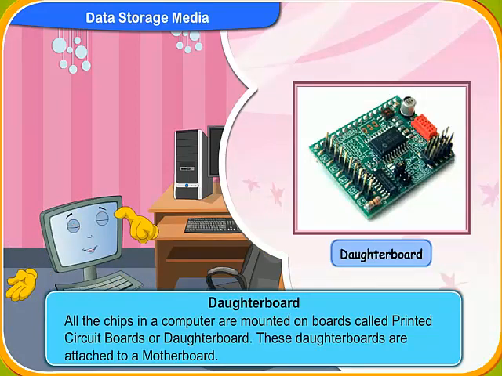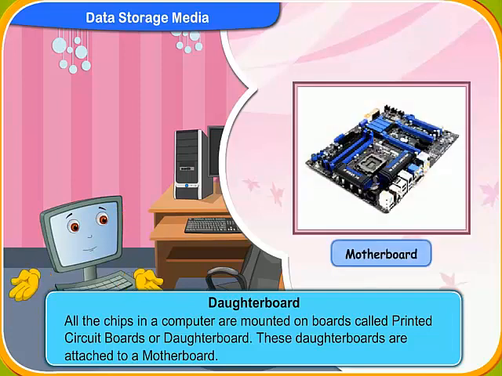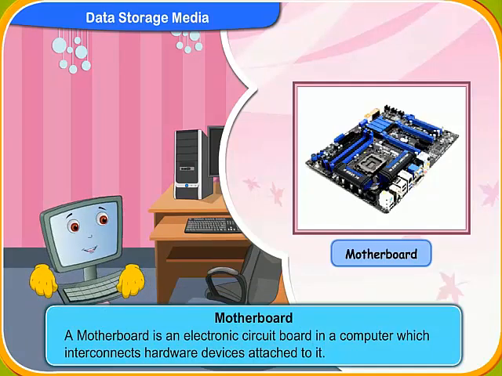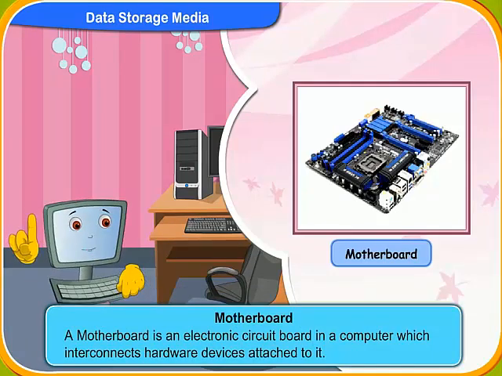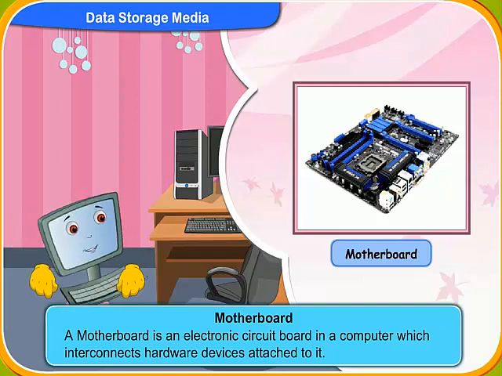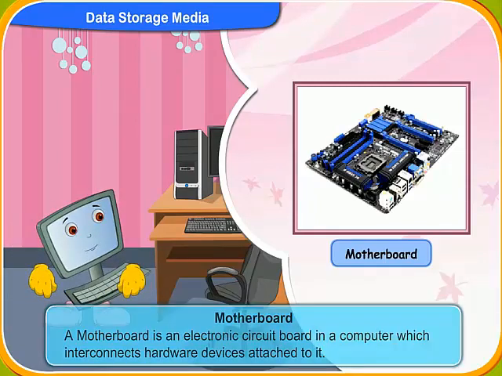These daughter boards are attached to a motherboard. Look, this is the motherboard in a computer. A motherboard is an electronic circuit board in a computer which interconnects hardware devices attached to it. It means one or more central processing units are attached to a motherboard.